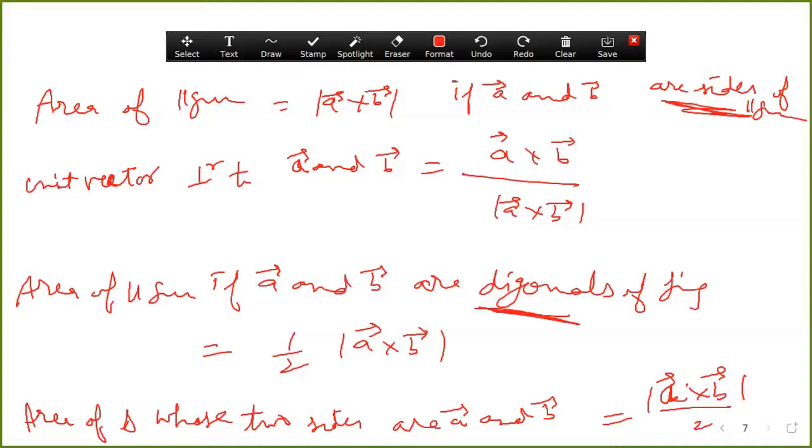Now further we will do a few questions of exercise 10.3 and 10.4.